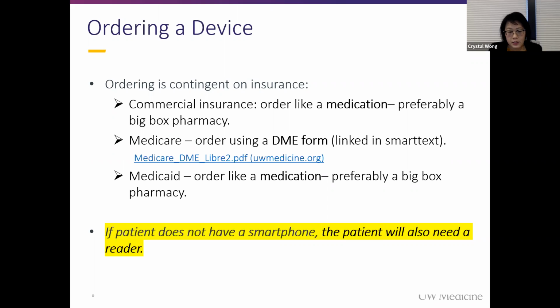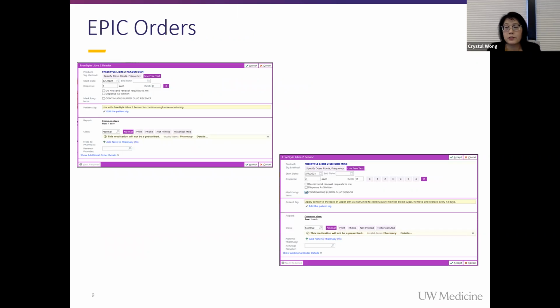The last thing you can see here in yellow: if the patient has a smartphone, they just use an app on their smartphone, and that syncs the data from the sensor that they wear on their arm. If they don't have a smartphone, though, then you have to also order them a reader. Shown on this next slide are the Epic orders. In the upper left-hand corner, it says Freestyle Libre 2 reader.